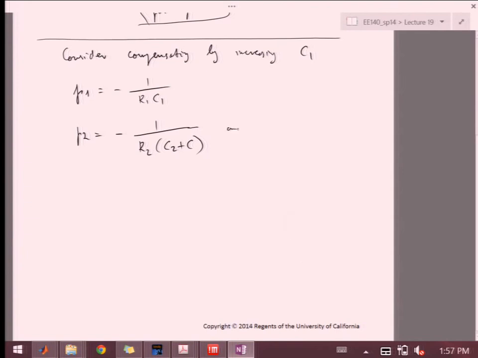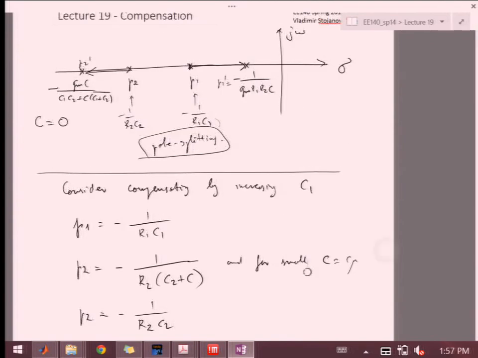Okay. And for small c, because c was approximately just C mu, that was just a transistor C, then P2 would really just be approximately the same as the one that we did here. Right?